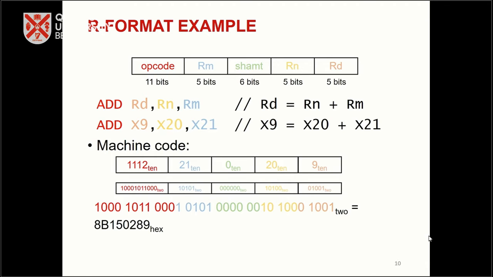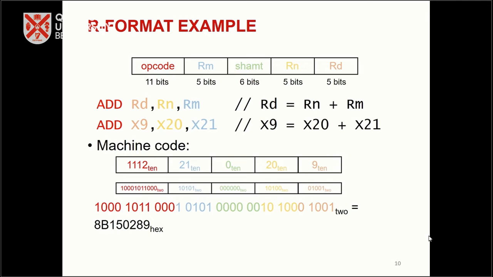So in the end, this instruction here, add register 9, register 20, register 21, will be stored in the machine like this. We have the operation code, which is just this decimal value converted to this. We have the destination register, which is number 9, which is those 5 bits, which are just number 9 in binary, and so on. We have all the registers.